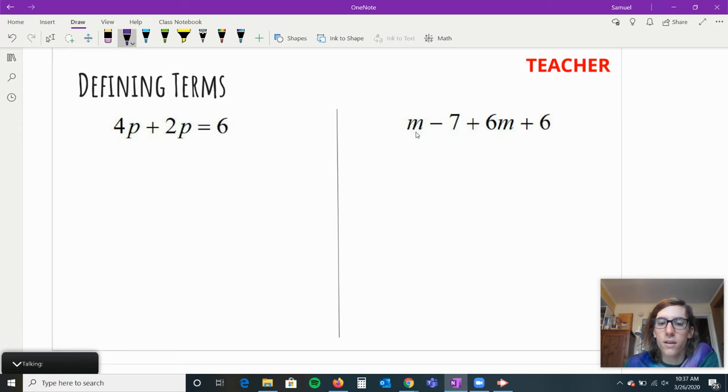Here we've got 1, 2, 3, 4 terms, right? 4 terms, because they're separated each by subtracting or adding, okay? If we are now combining like terms, that's like saying we are combining terms that are the same. That's what we're doing. So here we've got a number term, I'll call it, a numeric term, we've got a p term and a p term.